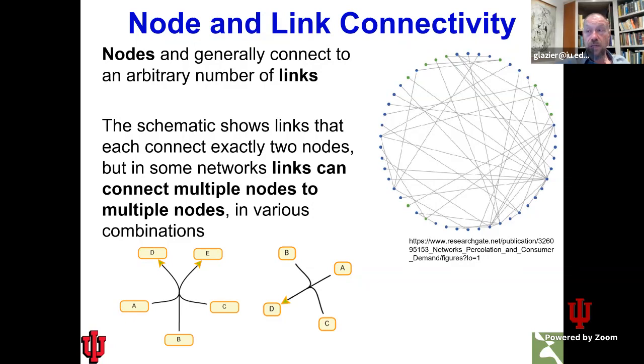If I have chemical reactions, on the other hand, I could have three components coming together to make two components, in which case my link would have three inputs and two outputs. And so you can have rather complex links with multiple inputs and outputs. And so again, the particular pattern that you're going to have will depend on what it is you're trying to model.